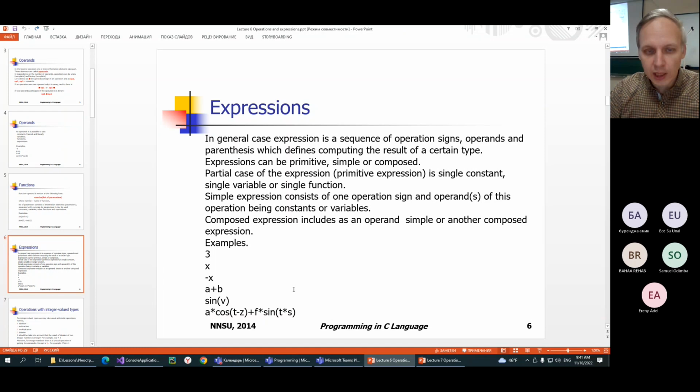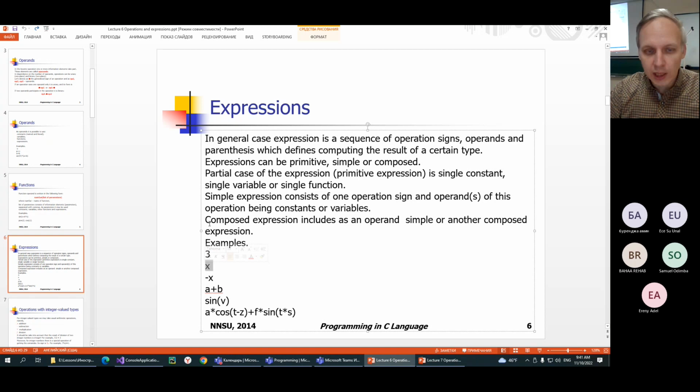I can say that expressions can be primitive, simple, or composed. The partial case of an expression, a so-called primitive expression, is just a single constant, single variable, or single function. In this case, just 3 as a single constant can be considered a primitive expression. Or x, just the name of the variable, is a primitive expression.